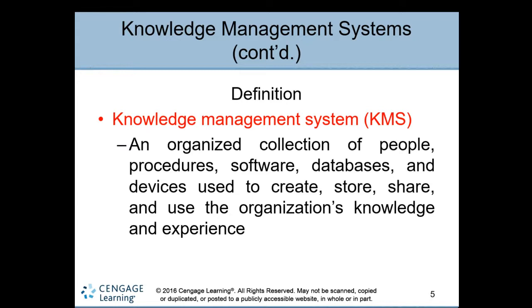Everyone working in the organization shares their experience, skills, practical skills, and knowledge about their daily routine work in the particular system. That becomes a knowledge management system that can be helpful for other workers in the business. Mostly it is creating, storing, and sharing the organization's knowledge and experience.